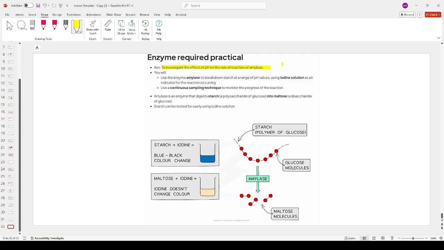Now, let me just ask you guys a question, yeah? That's the one, Adam, yes. So investigate the effect of pH on the rate of reaction. If the pH is too low, what does that do to the enzyme? Good. The enzyme gets denatured.